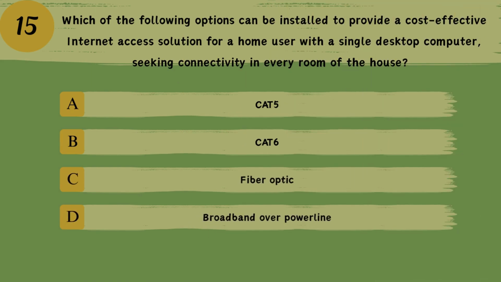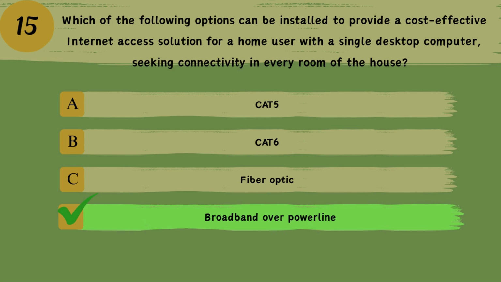Question 15. Which of the following options can be installed to provide a cost-effective Internet access solution for a home user with a single desktop computer seeking connectivity in every room of the house? A. Cat5, B. Cat6, C. Fiber optic, D. Broadband over power line.